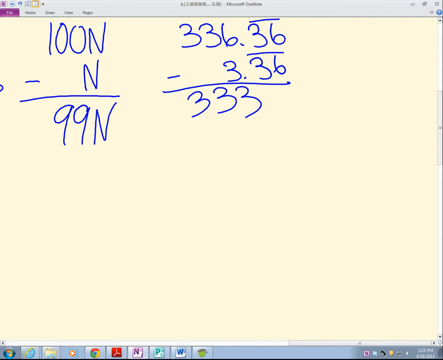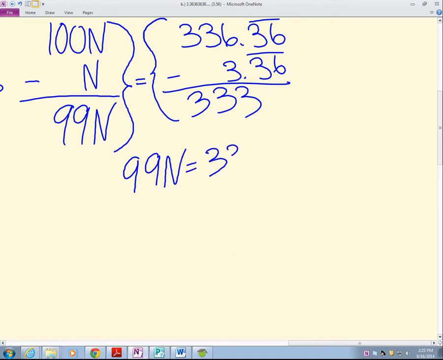Now, because everything on this side is equal to that side, how do I do that? Because this is equal to that. So we have, don't get restless yet, 99n equals 333.